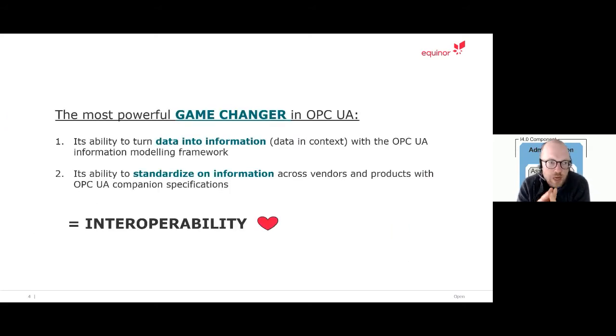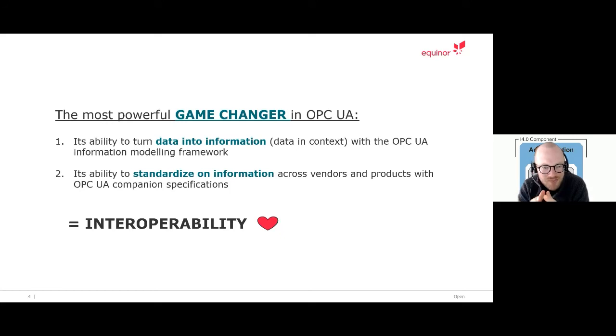So the most powerful game changer in OPC UA, in our opinion, is the information modeling framework. It is the way OPC UA achieves interoperability. So the ability in OPC UA to actually transform data into information using the embedded modeling framework, and also the ability that different companies can join forces and standardize the information we put into these OPC UA servers by using standardized OPC UA information models.